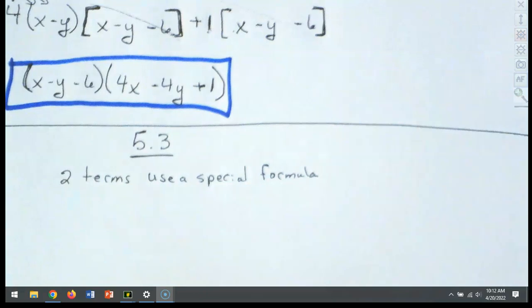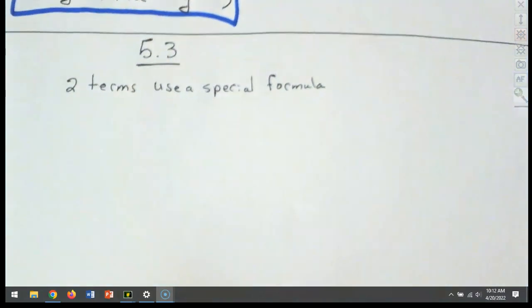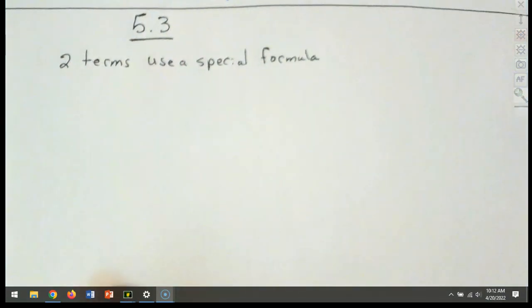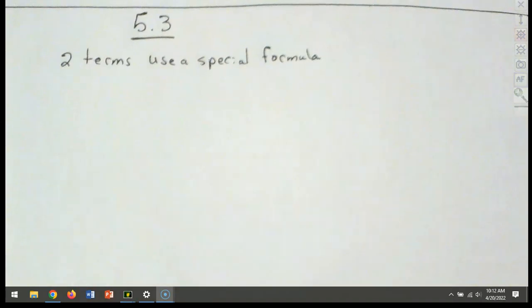So when we go to factor things that have two terms, we factor them using a special formula. Now, they're either going to be squares or they're going to be cubes. We'll do the squares first, and then we'll look at cubes.